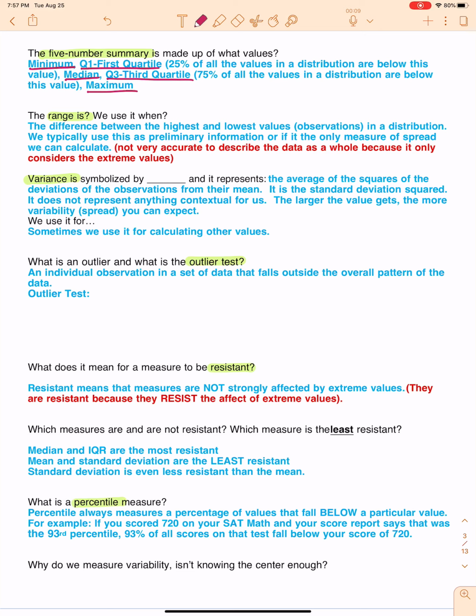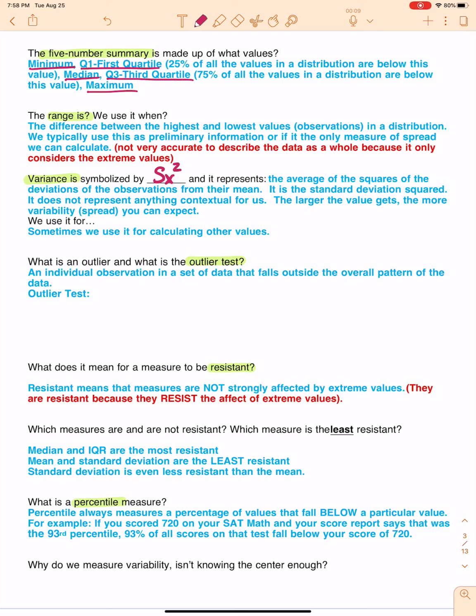All right, so the variance is symbolized by this right here, which is essentially just the standard deviation squared. That's all the variance is. Don't get too caught up in the variance. We're not going to use it a whole lot. It's just a mathematical term that we use to indicate that we've taken the standard deviation and it is the standard deviation squared.